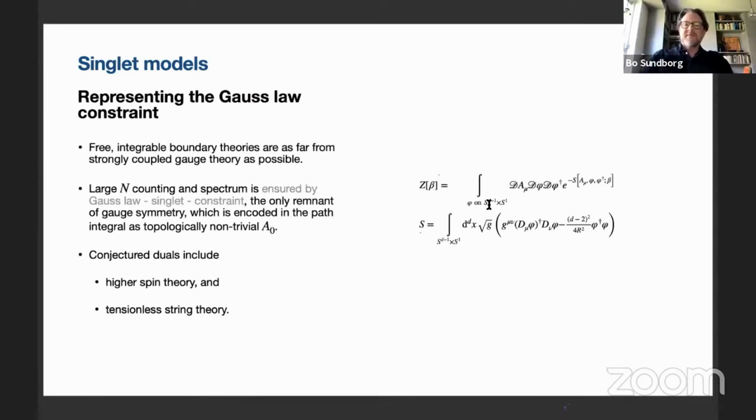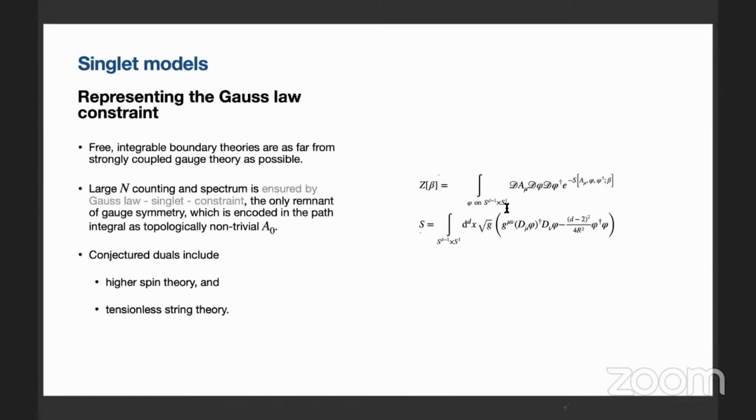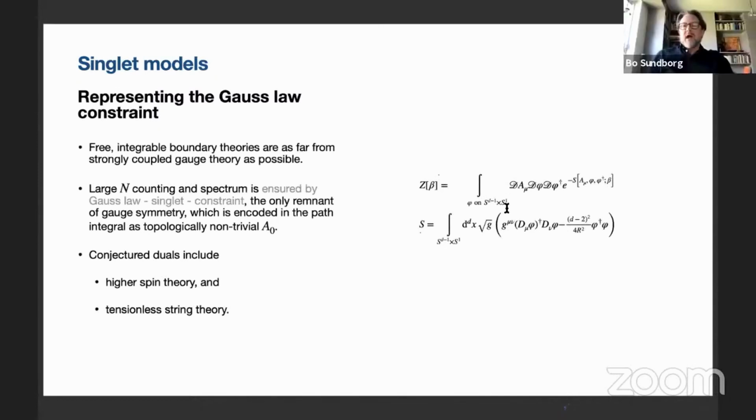So there can be gauge fields that are non-trivial along the S1 direction, and that means that it doesn't completely decouple. These fields don't completely decouple even in the gauge coupling to zero limit.